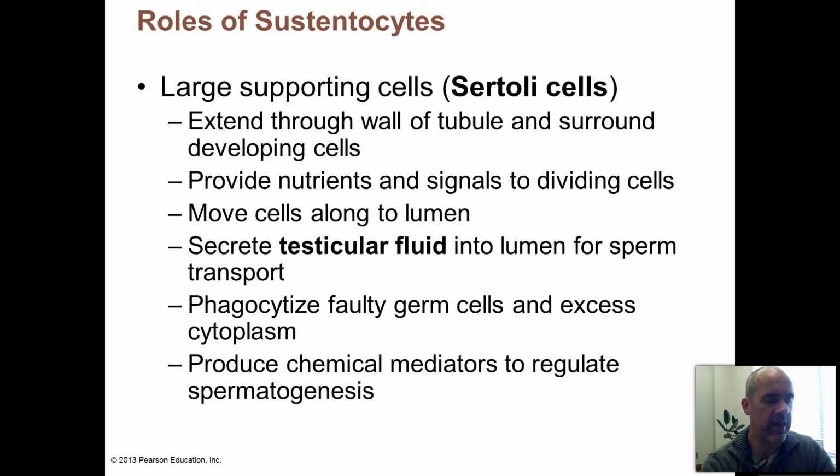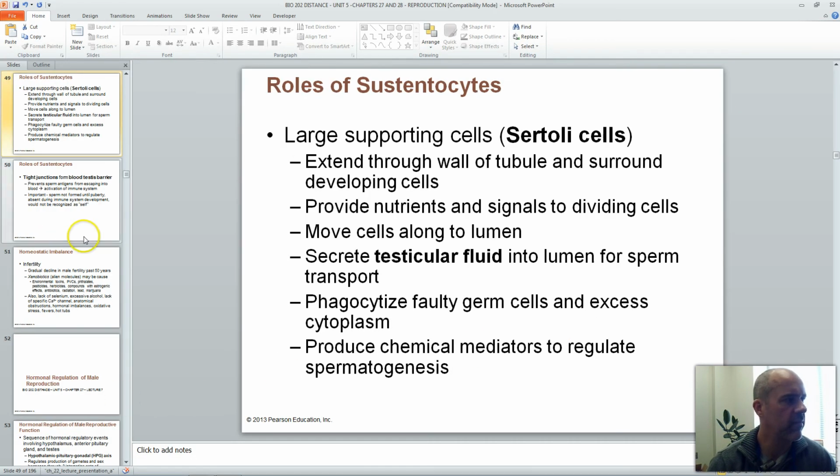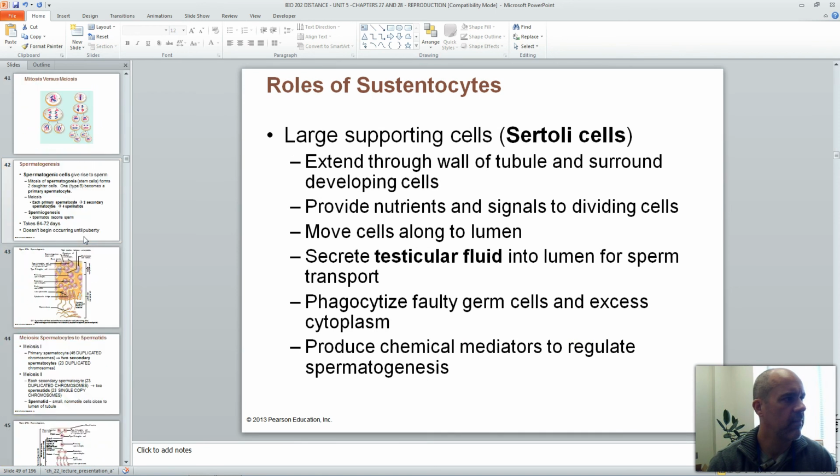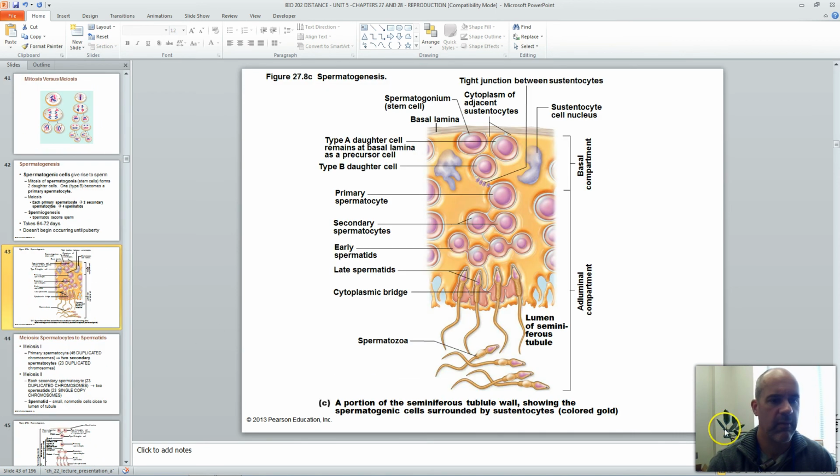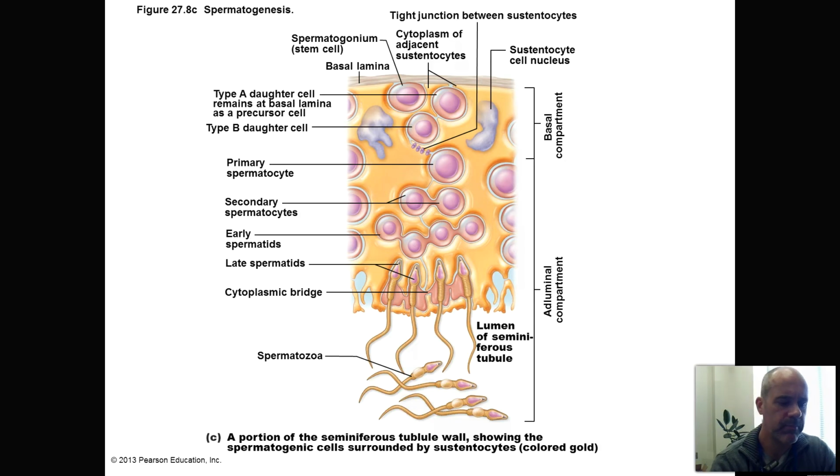Okay, another cell type in the walls of the seminiferous tubules, and let me back up because I forgot to mention these when we were back over here on this slide.